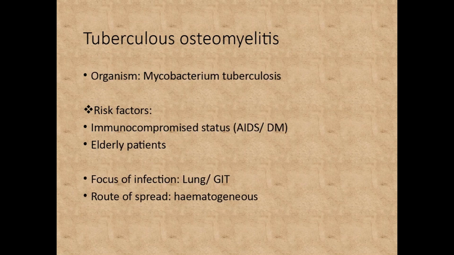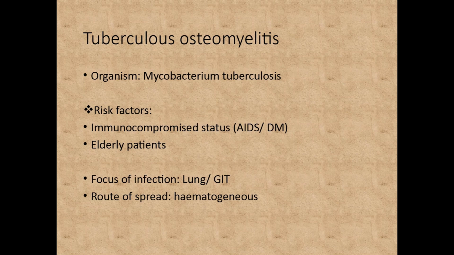Let us talk about tuberculous osteomyelitis now. The organism you know is Mycobacterium tuberculosis. Risk factors for the development of tuberculous osteomyelitis include immunocompromised status, such as patients infected with human immunodeficiency virus, or patients suffering from uncontrolled diabetes mellitus, or elderly patients in whom the immune functioning is less.